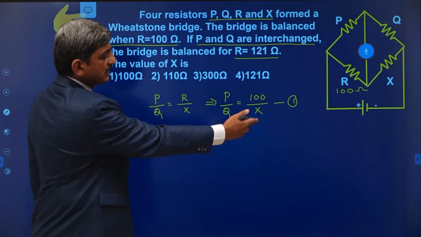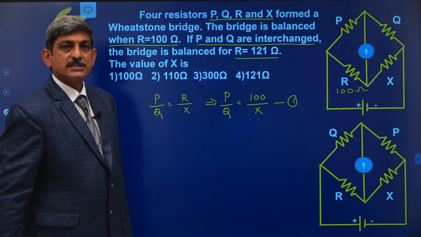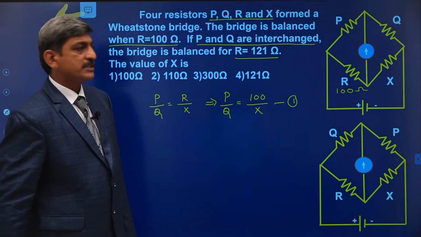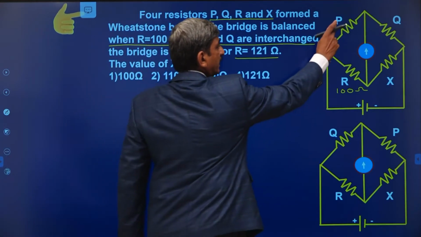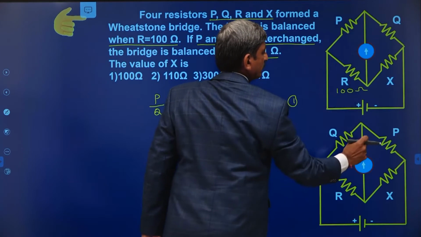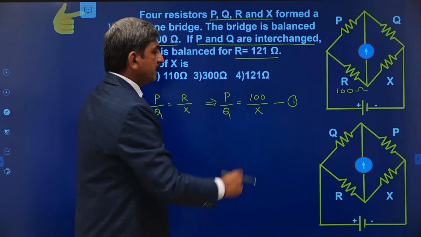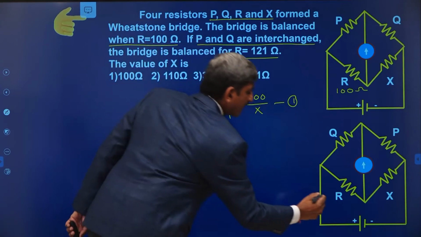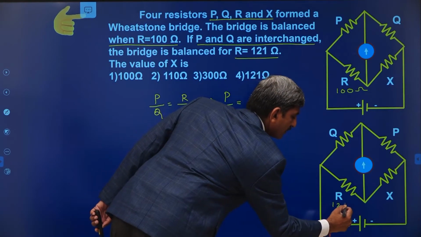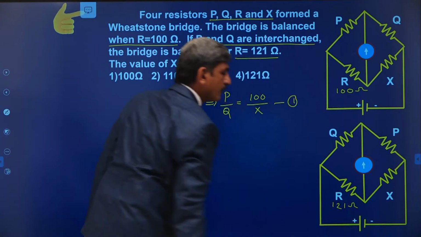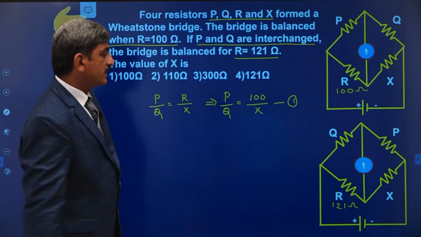See the Wheatstone bridge with P and Q resistors interchanged. Now these are the P and Q values in the second case. Here also the bridge is balanced for R equal to 121 ohms. So again write down the balancing condition.